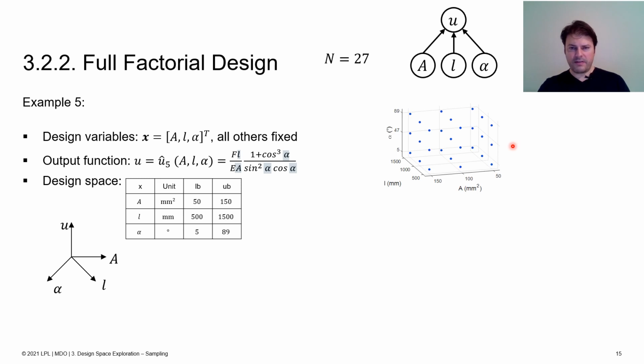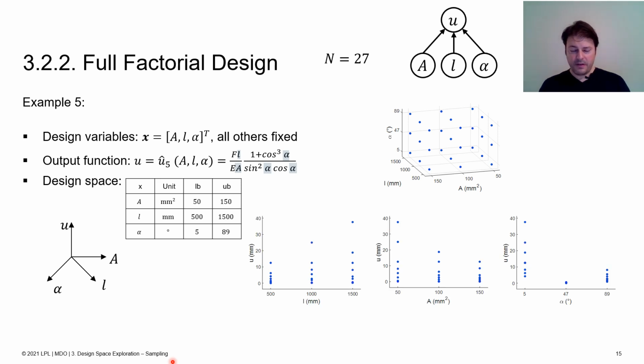And now let's apply sampling to this. We use a 3-level full factorial design, and we come up with 27 sample points or sample designs. And since we can't make a plot anymore, since we have 3 design variables, we will have to rely on the scatter plots now to understand what's going on.